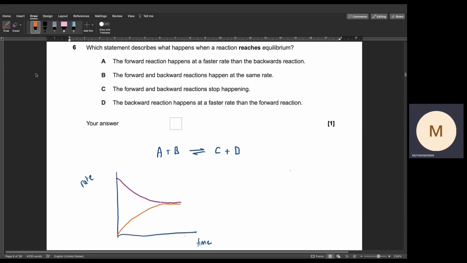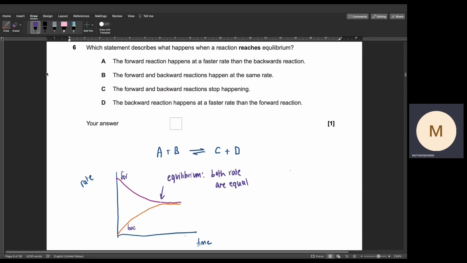This point, where the two lines merge, is known as the equilibrium point. So at equilibrium, both rates are equal. It's when the forward reaction and the backwards reaction happen at the same rate. So this is forwards, that is backwards.